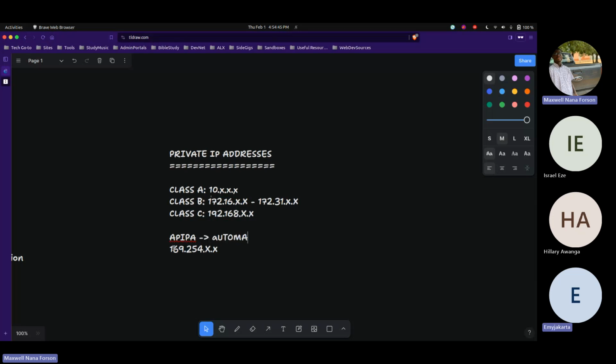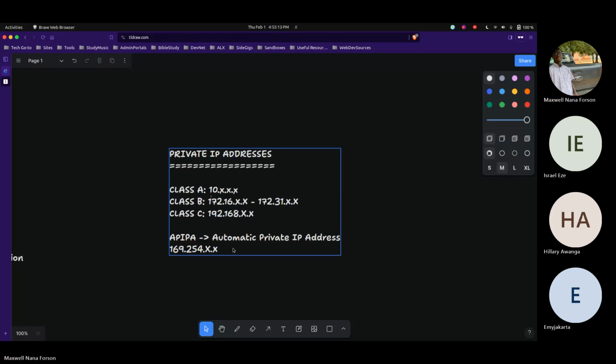I think that's Automatic Private IP Addressing. Yeah, but you can look it up. That's what I think it is. And other systems call it something different, and I can't seem to recall that off the top of my head.